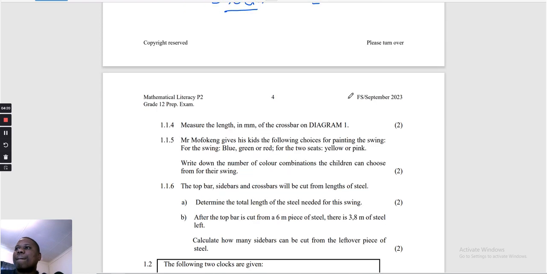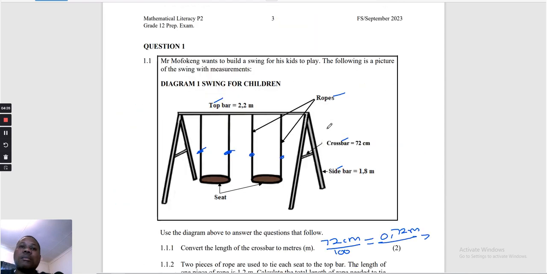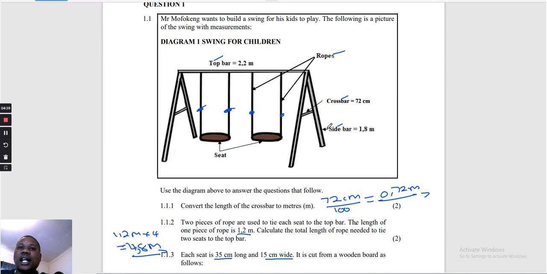Now, they say measure the length in millimeters of the crossbar on the diagram. I'm not going to do this one, but I'm just going to tell you how to answer that. Remember, guys, when you write paper number 2, you need to have the ruler, and you need to have the functioning ruler. There's a ruler and there's a functioning ruler. The functioning ruler does not have the gaps.